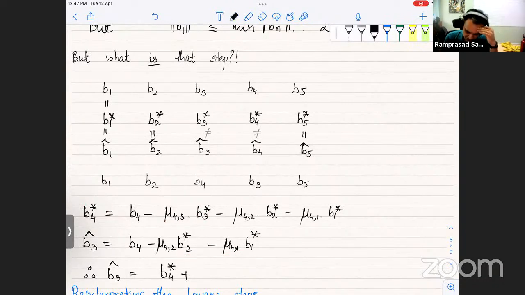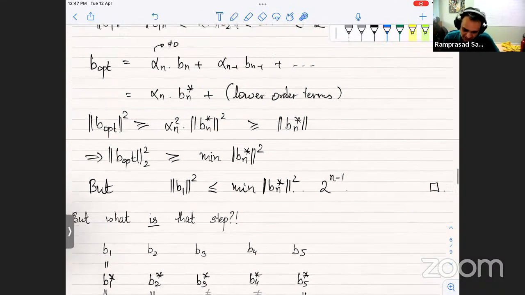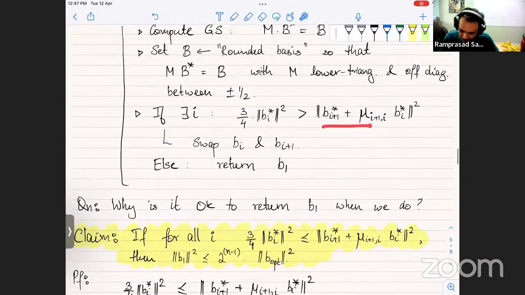So therefore, this is just going to be this plus mu4 3 times B3 star. Okay. Now, does this look familiar? This is the right-hand side in the Lovasz step.